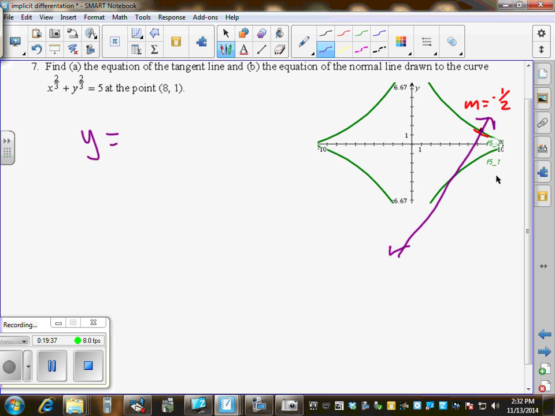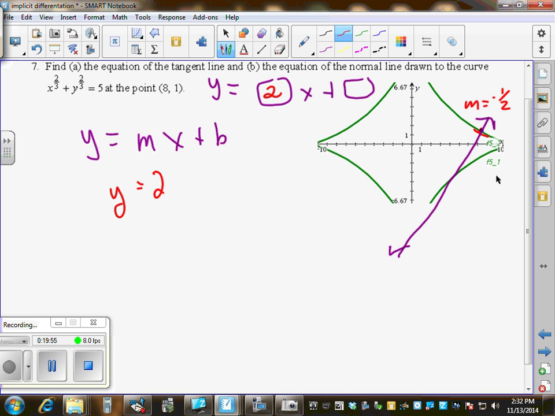The slope of the normal is perpendicular to the tangent, so perpendicular to negative 1/2, the opposite reciprocal is 2. So now we have y = 2x + b.